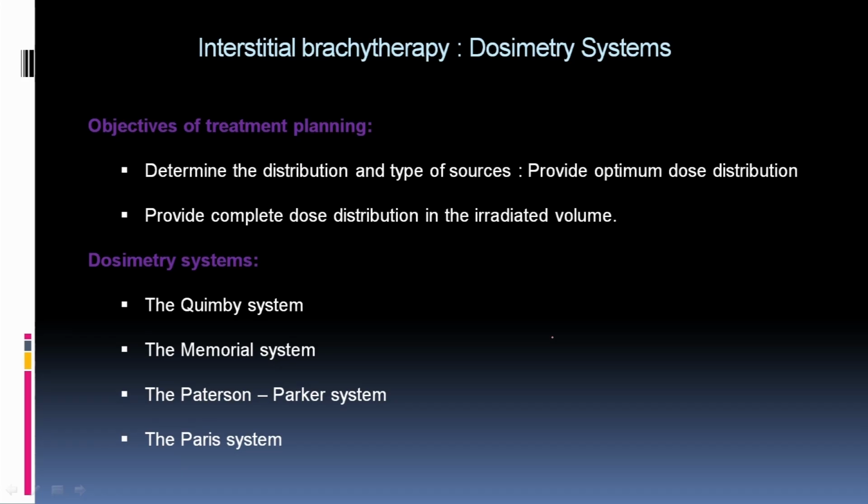The objective of treatment planning of interstitial brachytherapy is to determine the distribution and type of source, meaning how we will place our radioactive isotopes and what type of radioactive isotopes are needed for a particular type of disease or lesion, so that we get an optimum dose distribution.